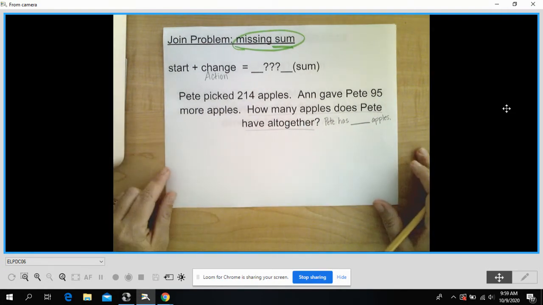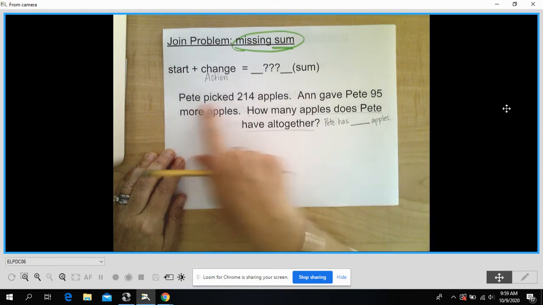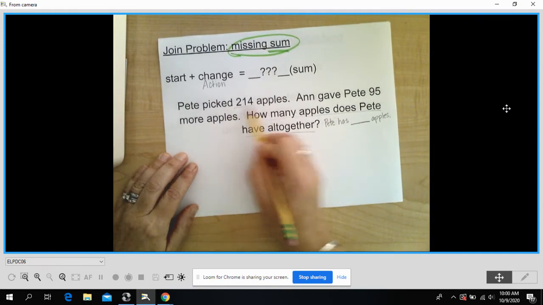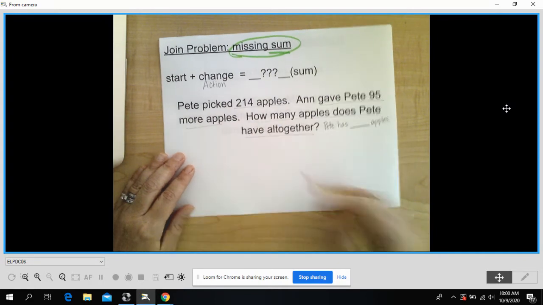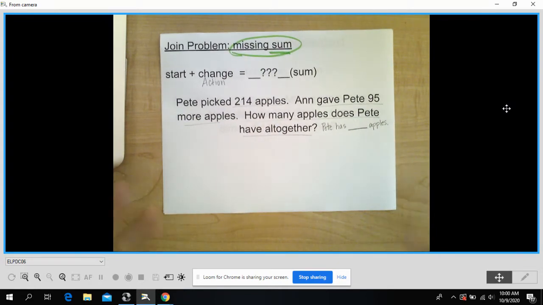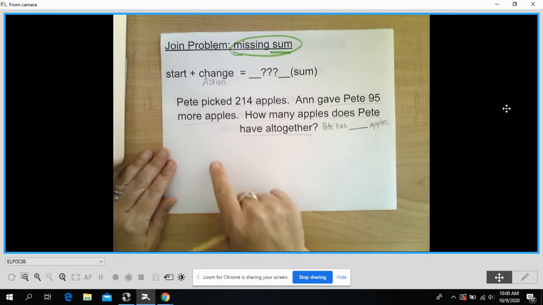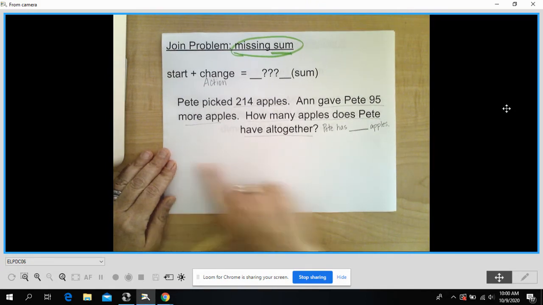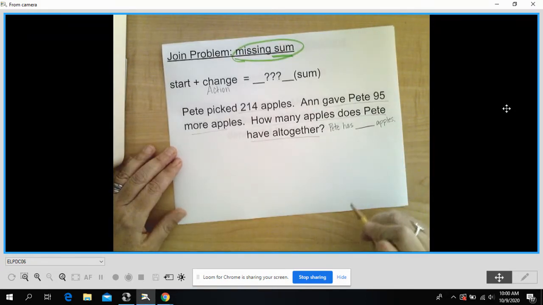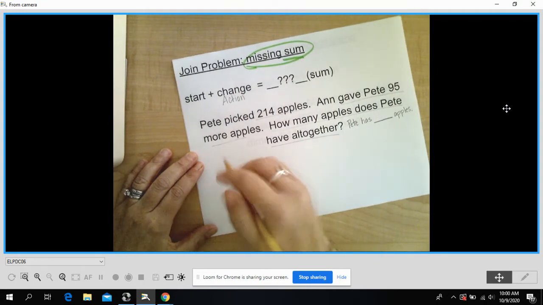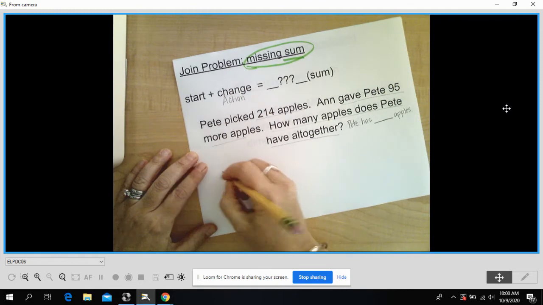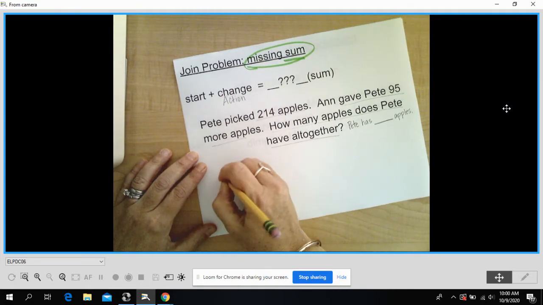So let's pick out the important information in our problem. We know that Pete picked 214 apples and was given 95 more, and we have to figure out how many he has now altogether. So in doing this, there is a diagram that I like to use in solving my math problems, especially looking at the different problem types. I'm going to make 3 circles.